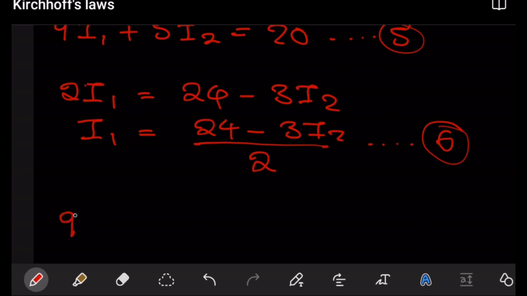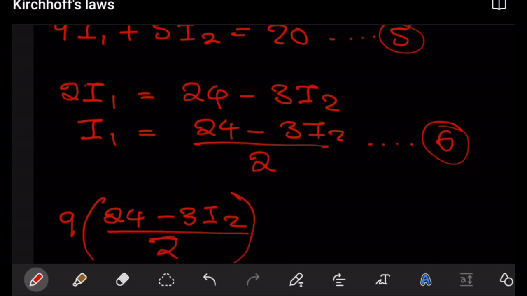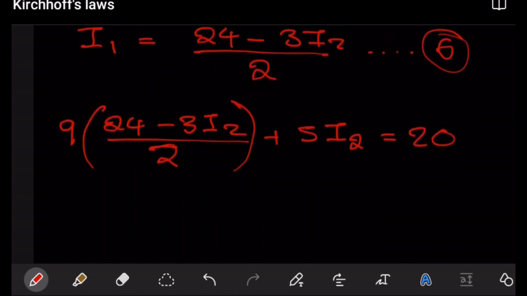In equation 5, where there is I1, we'll now put 24 minus 3 I2 divided by 2. And then this will be plus 5 I2 equal to 20. From here now, it's just simplification.